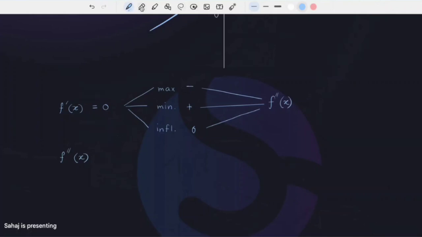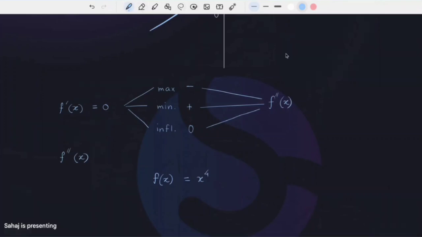But not always does this 0 imply that it's an inflection point. We'll look at that today. Sometimes this 0 also implies that it could be a maxima or minima. Now let's look at a specific function, which is f(x) equals x to the power 4.